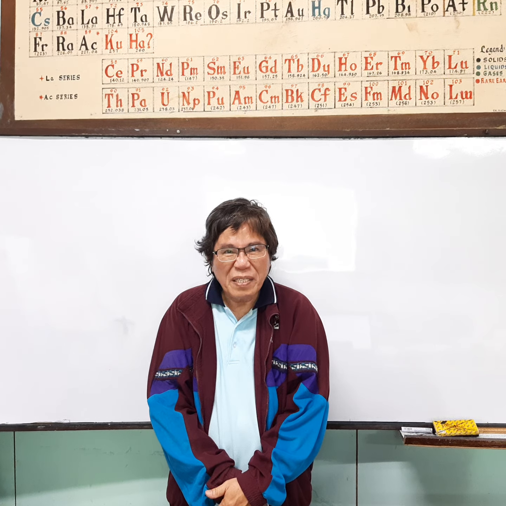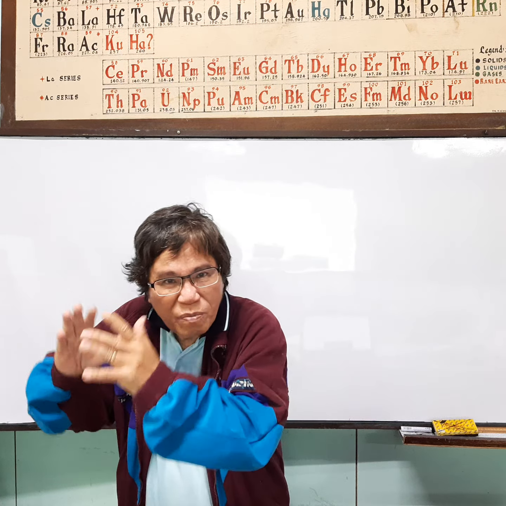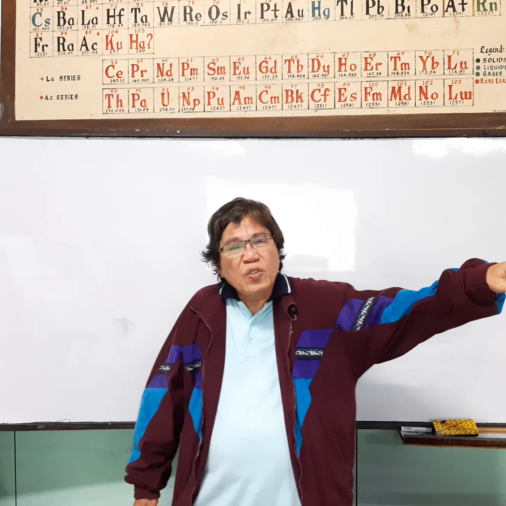And that speed remains as such. There is only one value for the speed of light traveling in one medium. Of course, in a different medium like water, there are the laws of refraction.